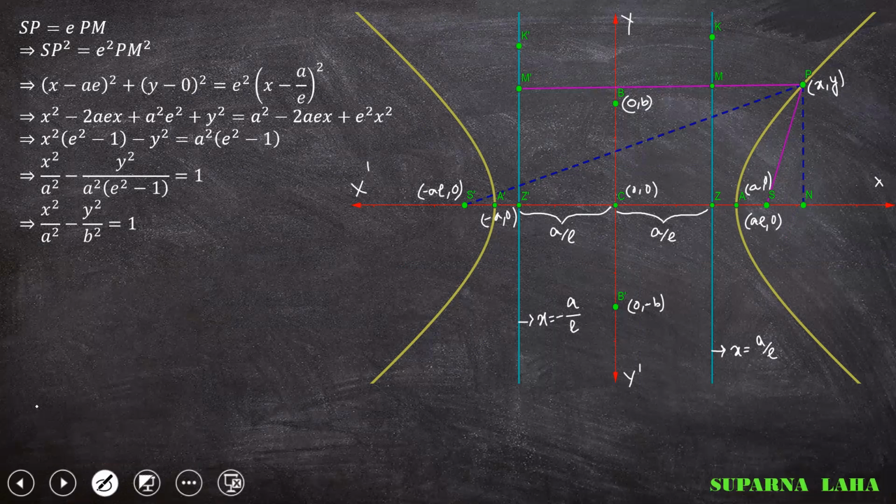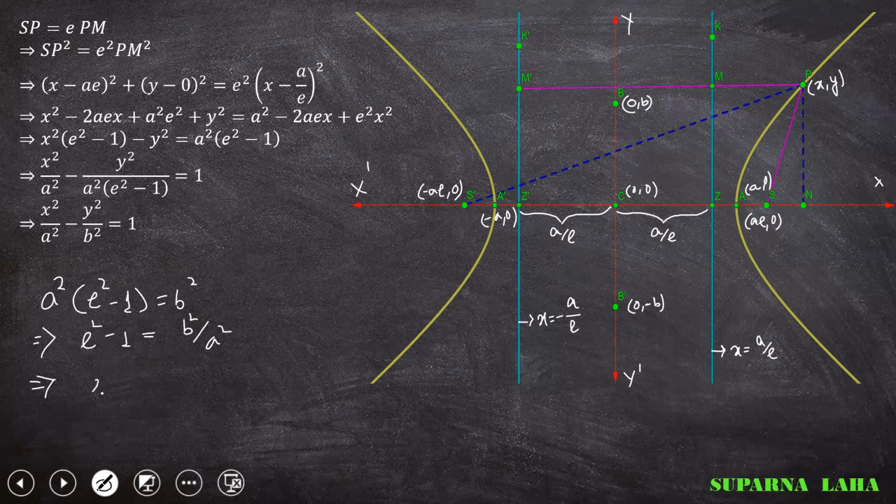How? Now we are taking this a square into (e square minus 1) equals to b square, right? So e square minus 1 is b square upon a square, right?